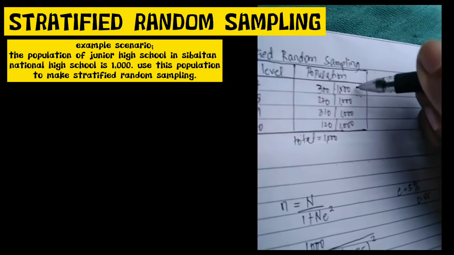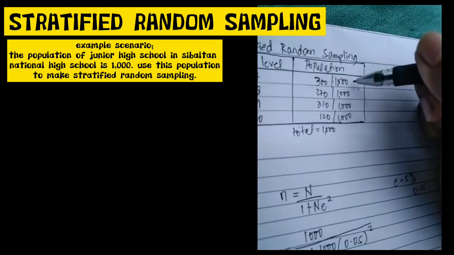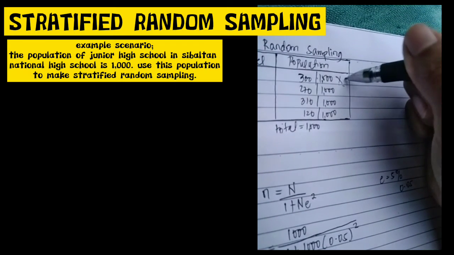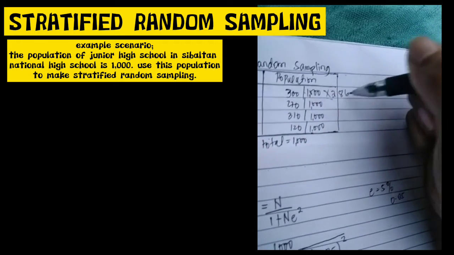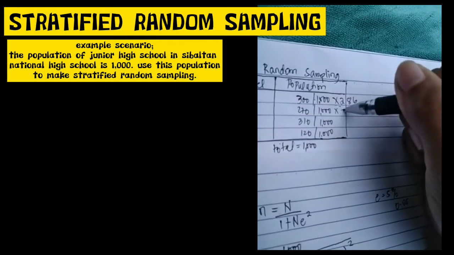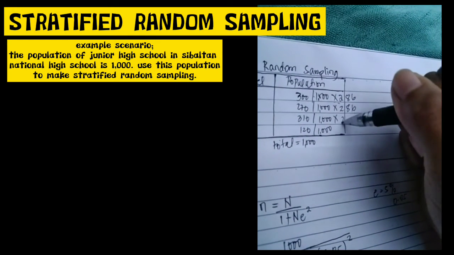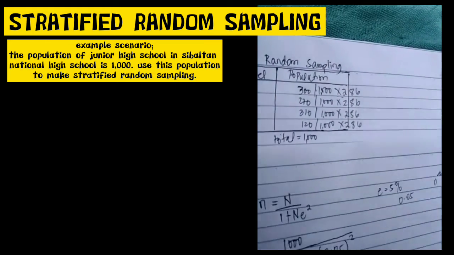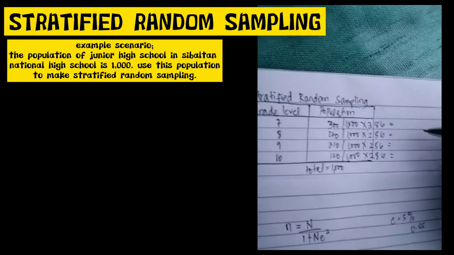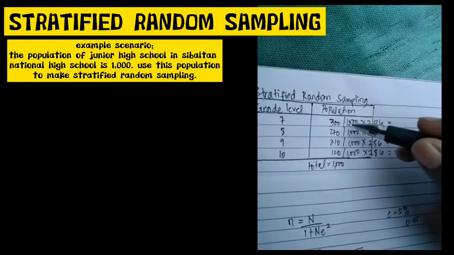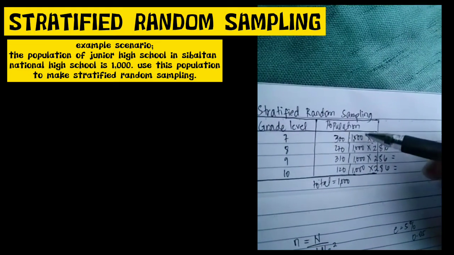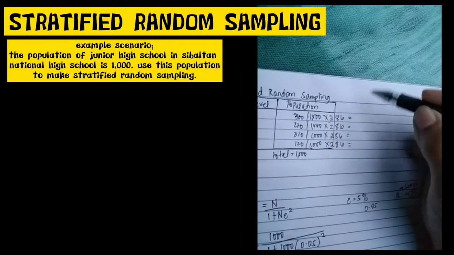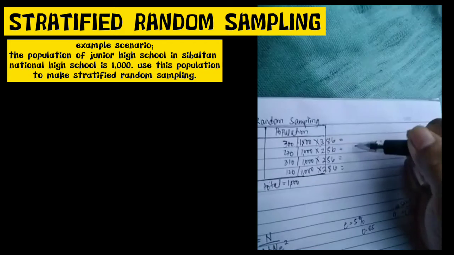So, ganito ang mangyayari. 300 divided by 1,000 times 286. Then 300 divided by 1,000 multiplied by 286, the answer is 85.8.